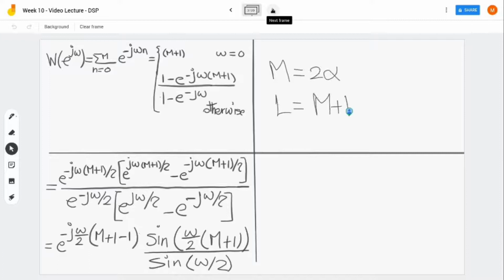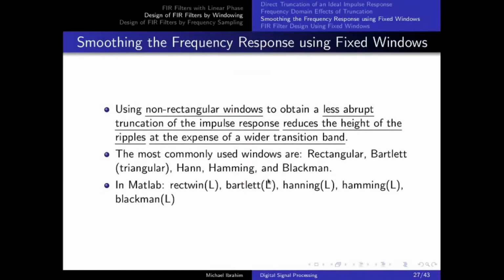So you only give the MATLAB command L and it will give you the corresponding window. So Bartlett of L will generate a Bartlett window of length L, which has alpha equal to L minus 1 over 2.